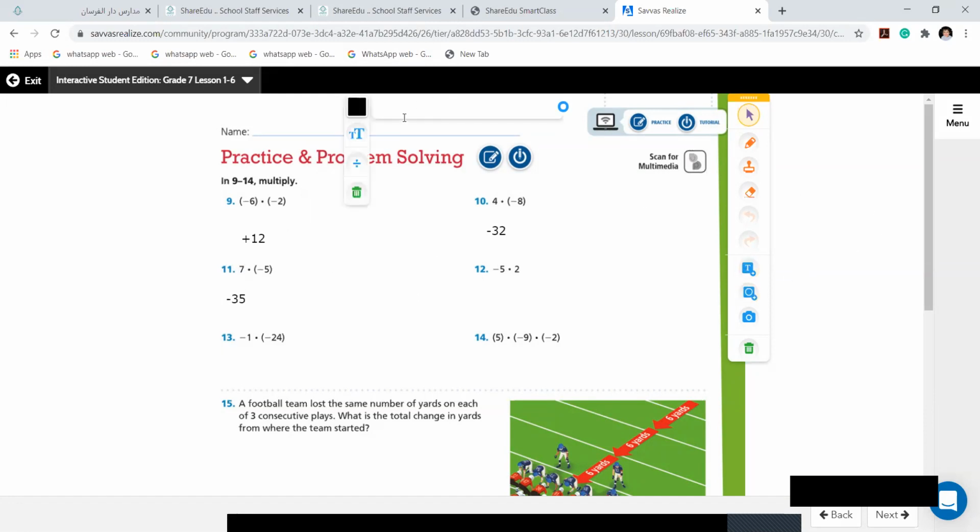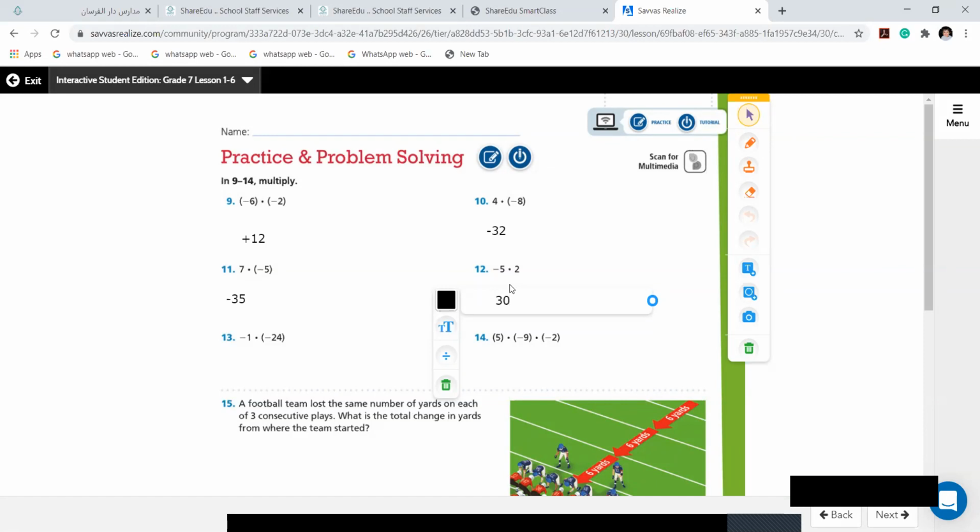Now here, Miral? Question number 12. What's the answer? 2 times 5 or 5 times 2? 10.